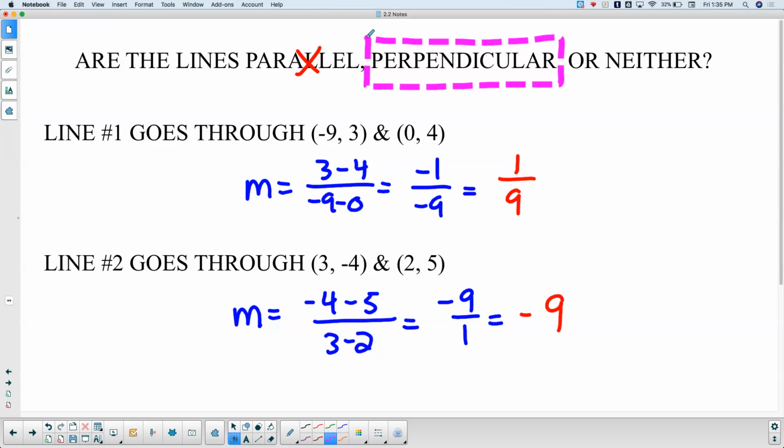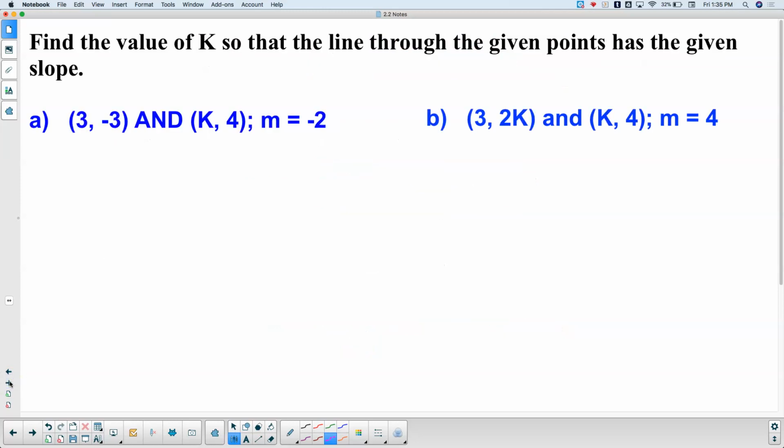Okay. One last style of problem, and that is this. Okay? The book likes to give these problems, and the test likes to give these problems, where they give you a value or a point and part of another point.